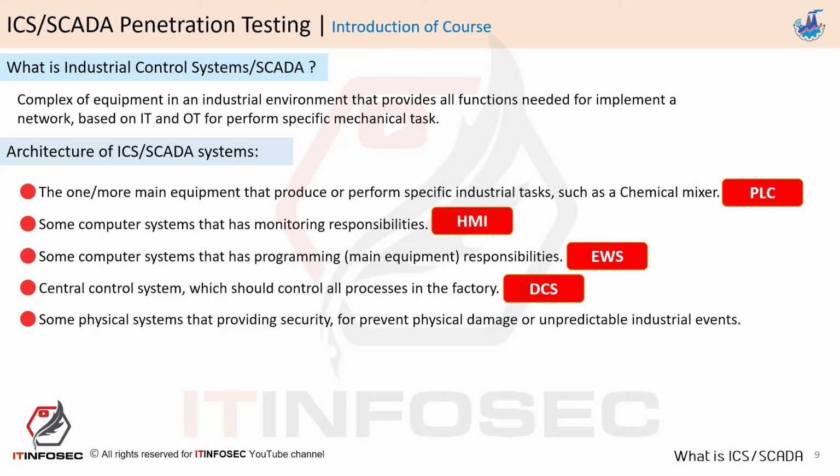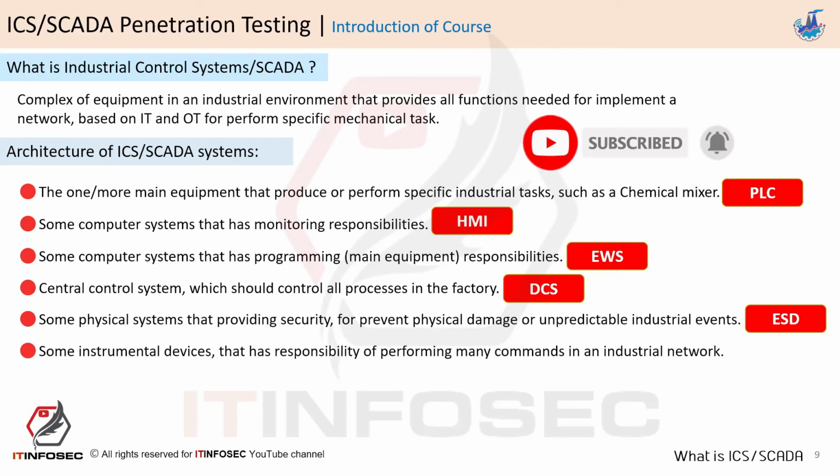Some physical systems provide security to prevent physical damage or unpredictable industrial events, meaning emergency shutdown, or ESD systems. Some instrumental devices have the responsibility of performing many commands in an industrial network. It is known as an RTU.